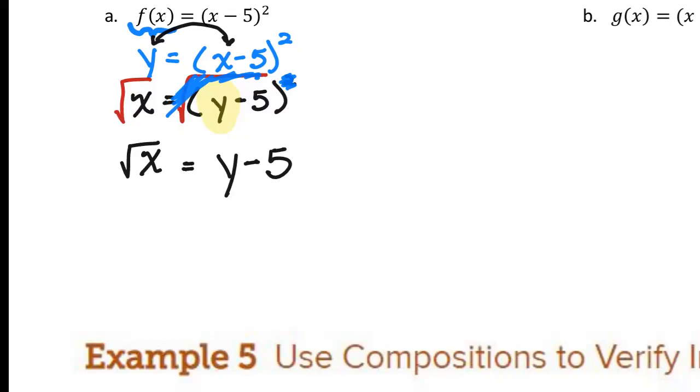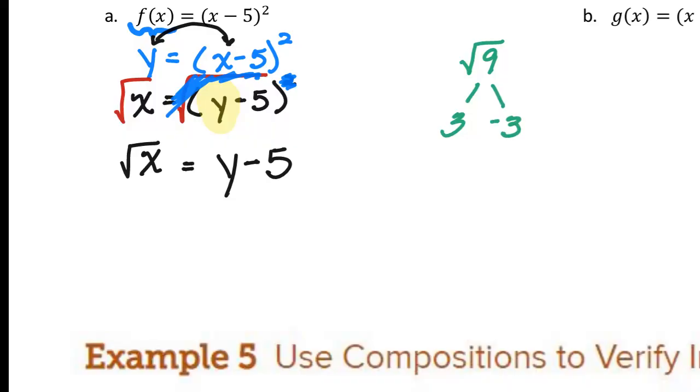Now, a little sidebar: if I take the square root of 9, what is the square root of 9? 3. Is there anything else that I could multiply by itself and get 9? How about negative 3?